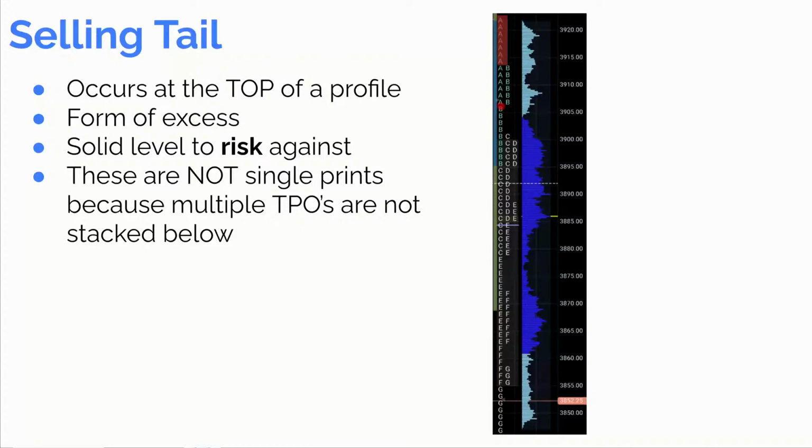Once B took out the low of A, I was looking for longs early, but then I started looking more at the sell side because it had taken it out. Especially once C opened, we had single prints early in the day with a sell tail after an initial surge higher. This was a really nice setup this morning to be looking for shorts after the first hour. And so the answer to the question is yes.